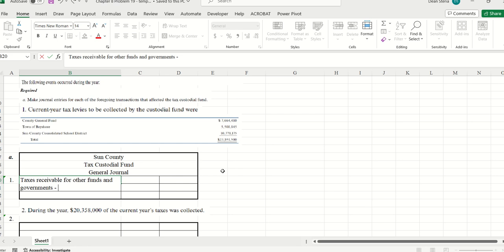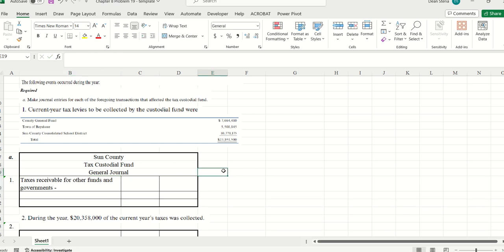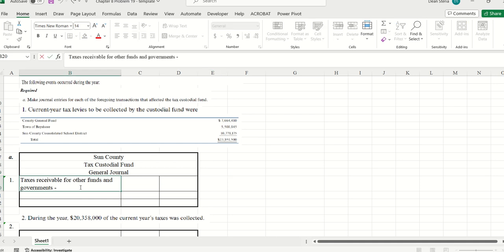And that is current. Okay, so that's the taxes receivable current.